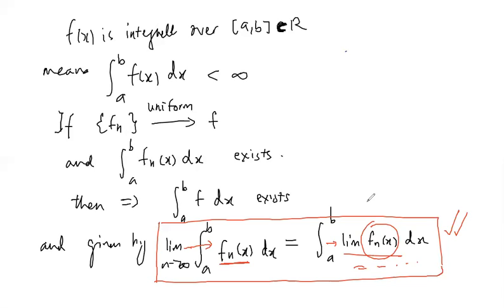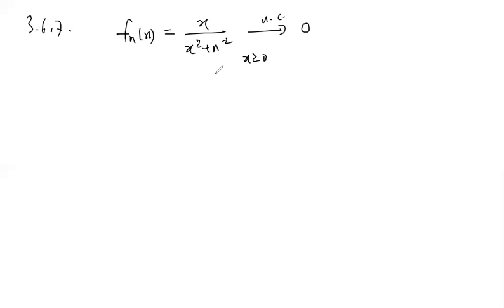Example 3.6.7. You have this function, and it has been shown to be uniformly convergent to 0 for x greater than or equal to 0.